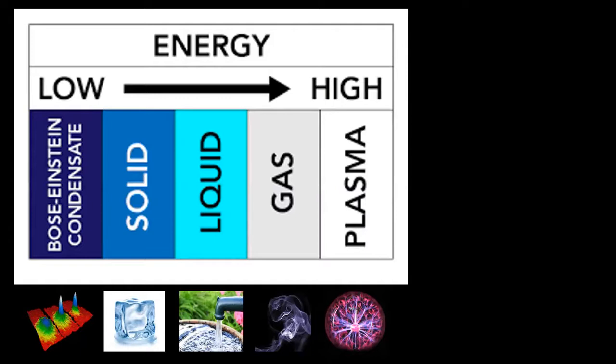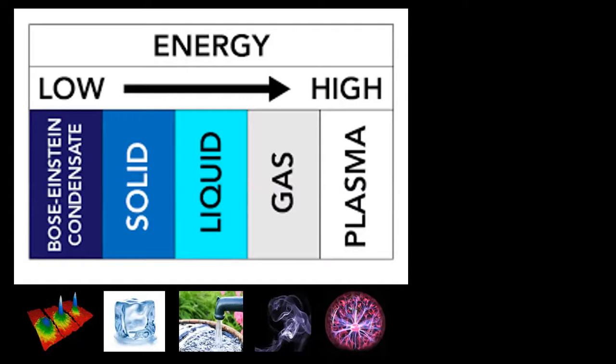If they have even more energy, the matter becomes a plasma. And if the energy is so low that it no longer exists as a solid, we find the Bose-Einstein condensate.